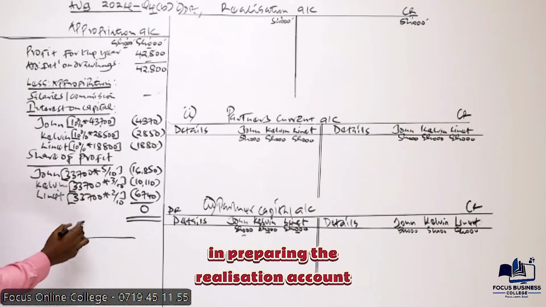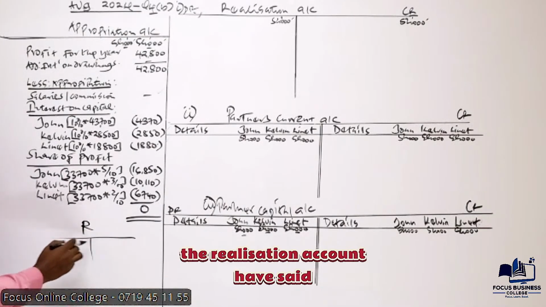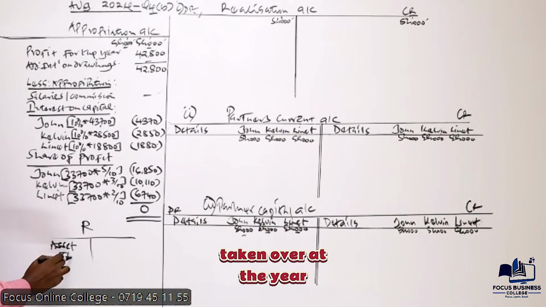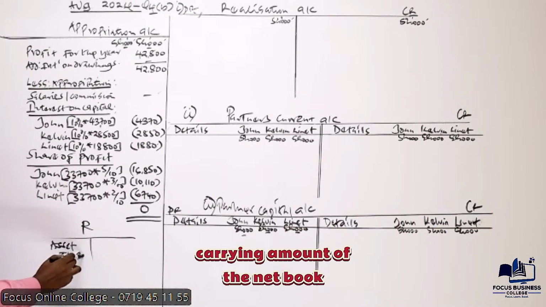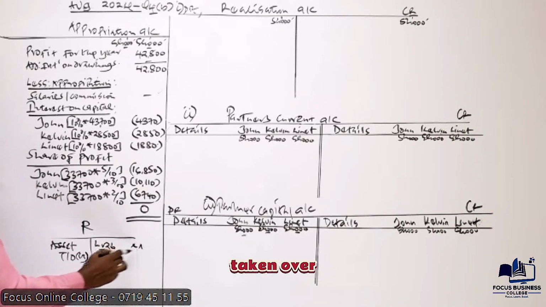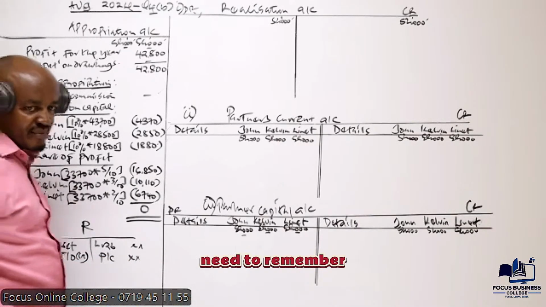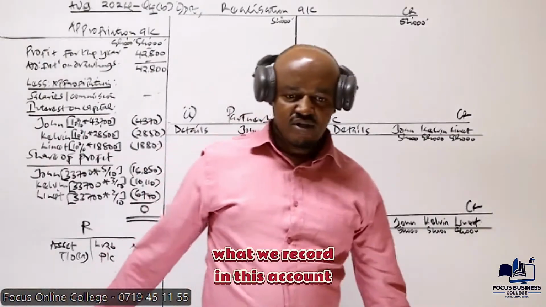In preparing the realization account, on this side, we record the assets, which are taken over at the carrying amount of the net book value. On this side, we have the liabilities, which are taken over, and the purchase consideration.